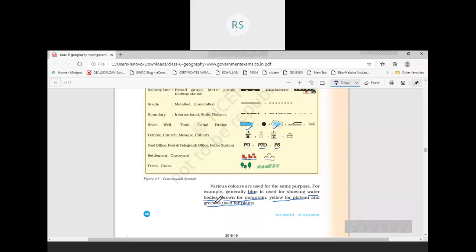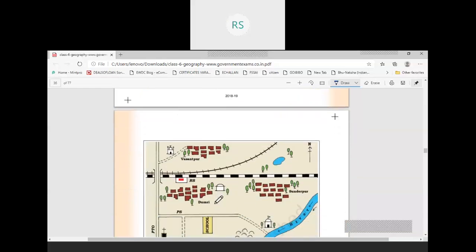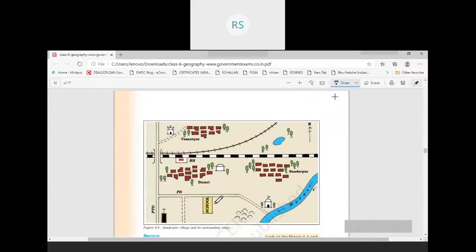Okay, now you can see one more map is given in your book. This is a map of Sundarpur village and its surrounding areas. Okay, the village is Sundarpur and its surrounding areas. In this map, first of all, you must see this arrow.